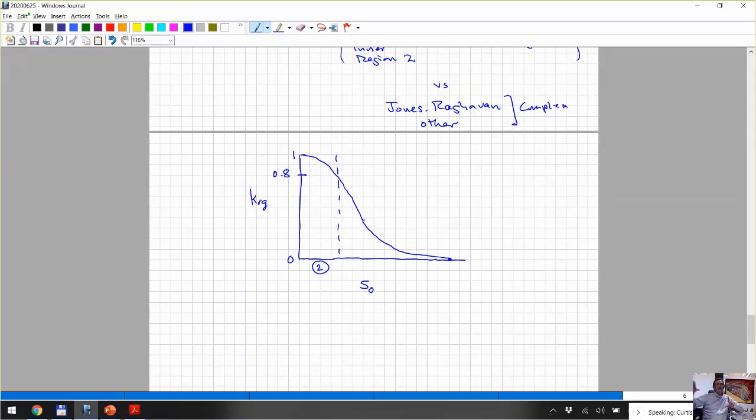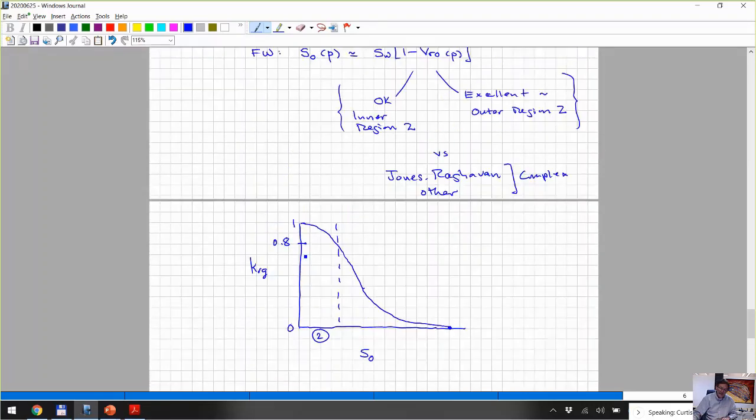Plus, it's far away from the wellbore, so the DPDR out there is very low. There's not a lot of pressure change, so that even having the reduced KRG doesn't give you a lot worse pressure drop. That's the main reason. So getting exactly the oil saturation right in region 2 is not important.